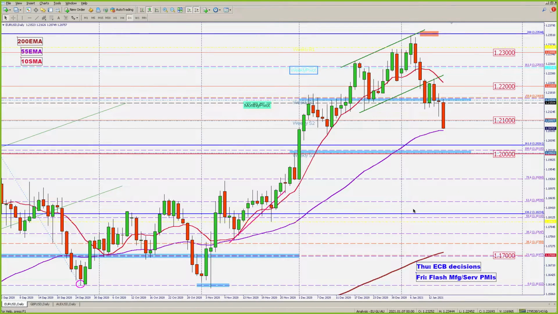So there is ECB rate and policy decisions on this coming Thursday, followed by Friday. There's flash manufacturing and services PMIs for all the major economies.